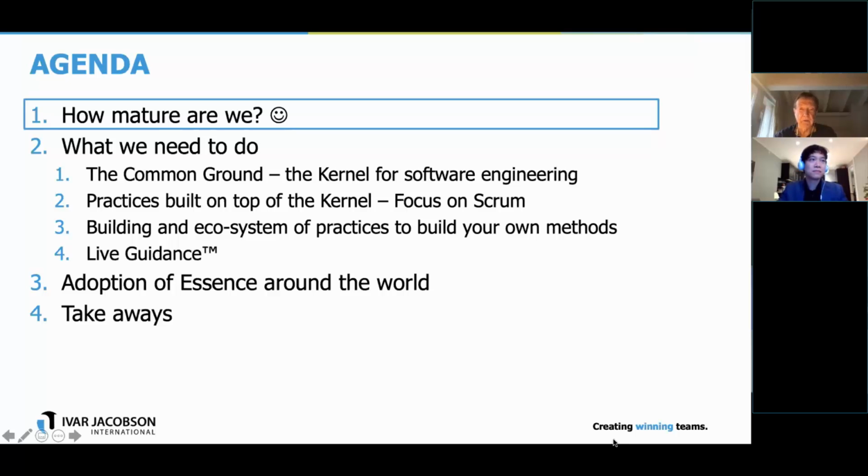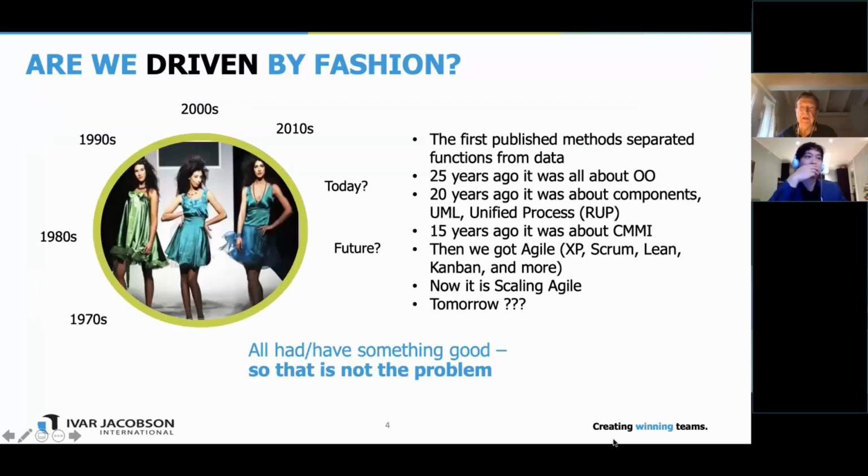How mature are we? If we go and look over the history from all the years we have developed software, we have had many different ways of doing it. The first methods were actually separating. They more looked like a computer. So you had a data store and a program store, and you model that.